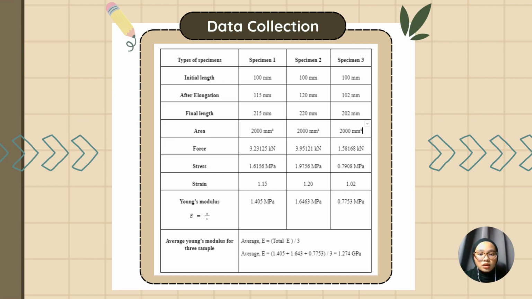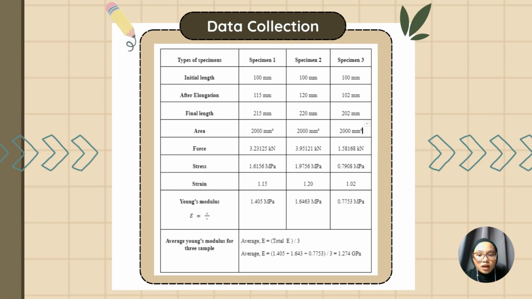So the value for specimen 1 is 1.6156 megapascal, for specimen 2 1.9756 megapascal, and for specimen 3 0.7908 megapascal. So as you can see, stress for specimen 3 is very low compared to the others. And for strength, for specimen 1, 1.15, and for specimen 2, 1.20, and for specimen 3 is 1.02.